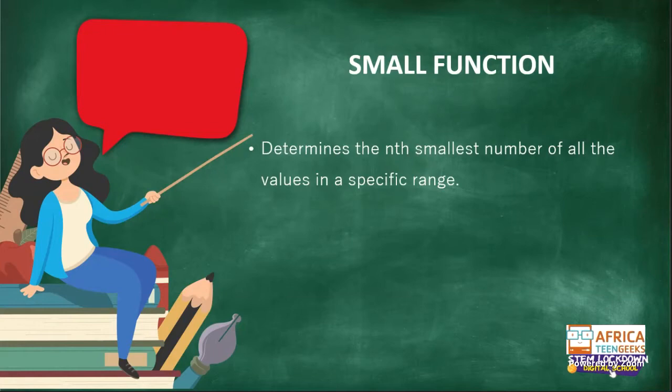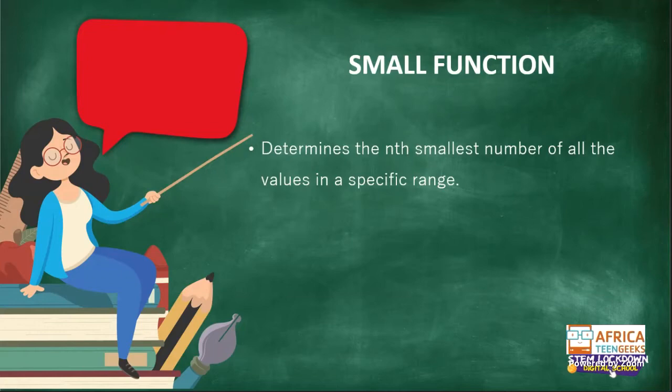It will look at every single number in the range of cells and determine which one is the smallest, or the second smallest, or the third smallest, or the fourth smallest, all depending on what value you are looking for. If you are looking for the smallest, it will find the smallest, and you will have to specify that in your function.